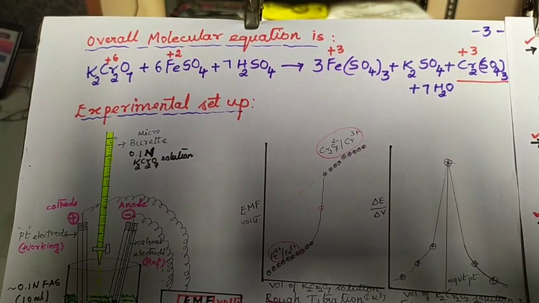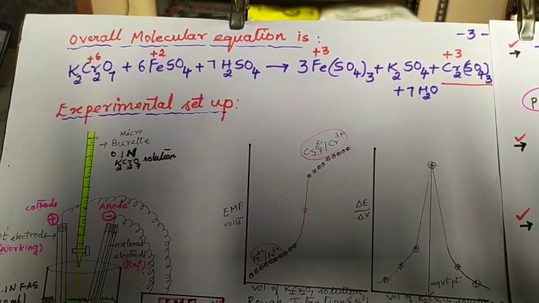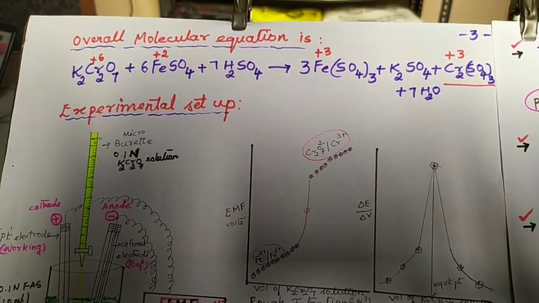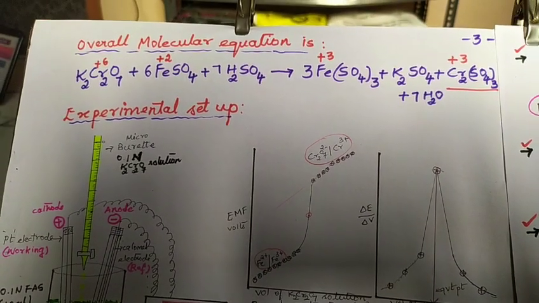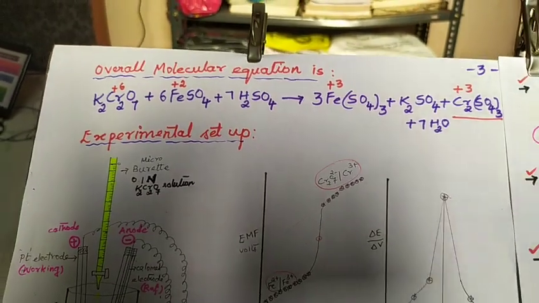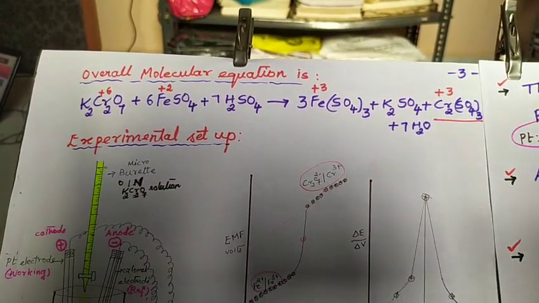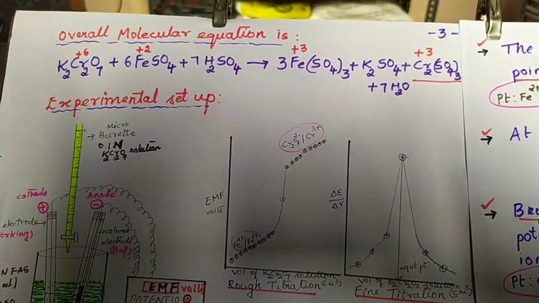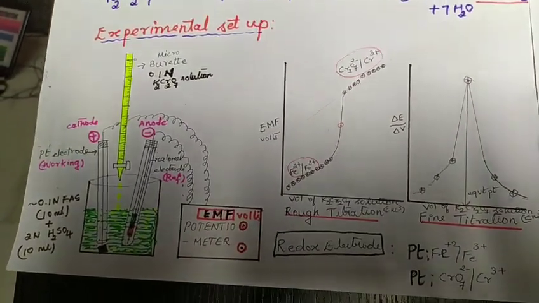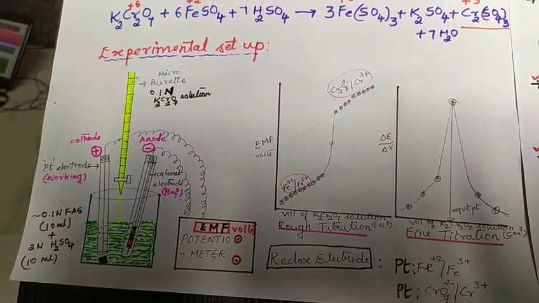This is the overall molecular equation. Dichromate reacts with ferrous sulfate in acid medium to give ferric sulfate and potassium sulfate with chromic sulfate. That is, the oxidation state of Fe changes from +2 to +3, whereas the oxidation state of chromium in dichromate changes from +6 to +3. This is the experimental setup.